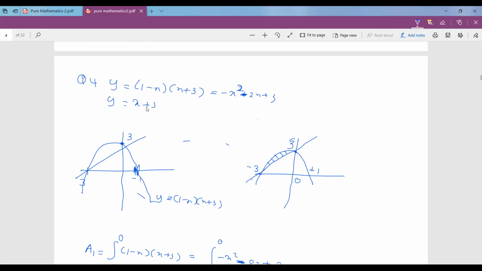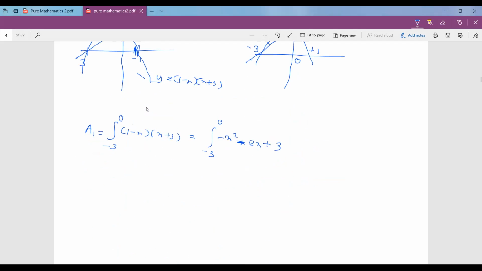Right, okay. Then in this case, if you do this integration, you will understand that minus x cubed over 3 minus 2x squared over 2 plus 3x from 0 to minus 3.